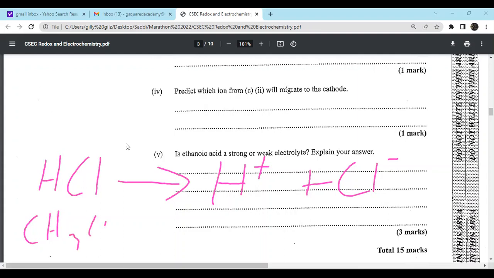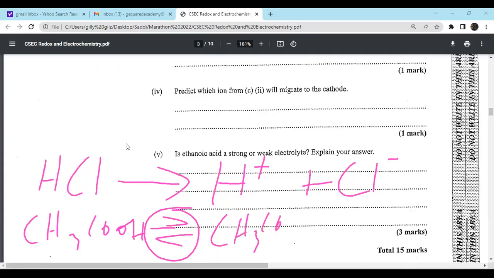Ethanoic acid may be ionized reversibly. These are reversible arrows now. To give CH3COO minus plus H+. Notice that both of them give protons and the ion.